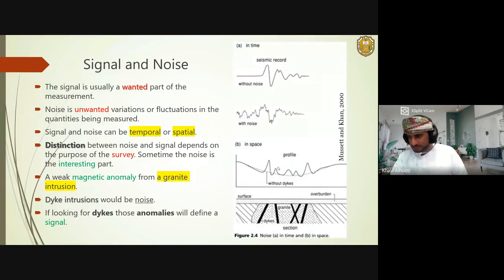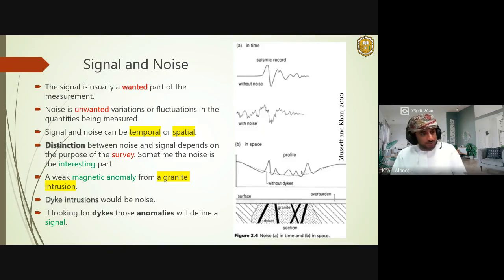Whereas there are some spikes. I've seen some spikes. Those spikes are generated because of the dikes. The dikes are of higher density than the granite. Maybe basaltic rock. This is a granite. The dikes are basalt. So they create these high or abrupt spikes in my anomaly.